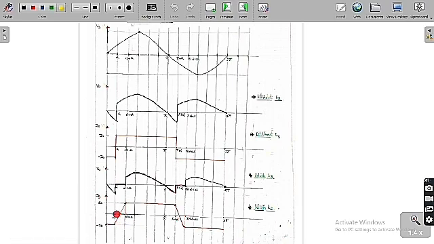Ideally, I have already told you, from 0 to alpha T3, T4 are conducting, and from alpha to pi plus alpha T1, T2 are conducting. Because of this change, each and every thyristor is conducting in this region.